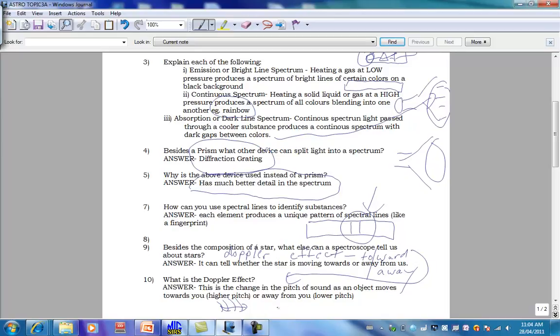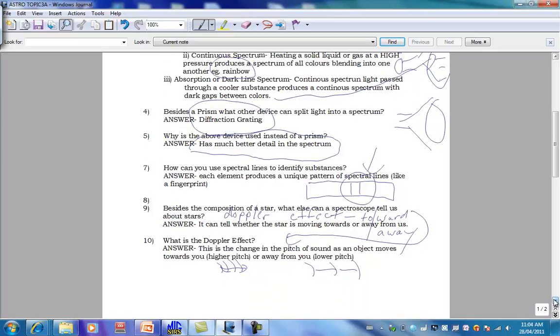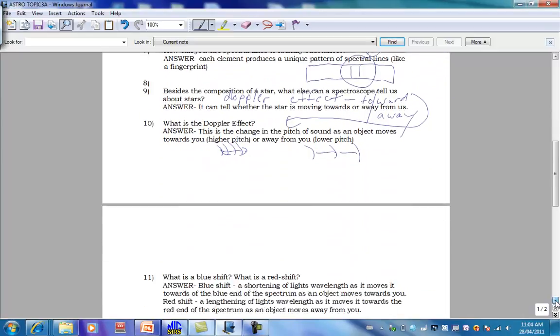If the sound or light given off by the object is moving away from us, then the radiation waves will have a lower pitch, and they will be farther apart when they reach us. We call that part of the Doppler effect or Doppler shift.